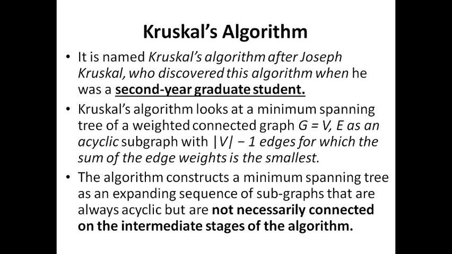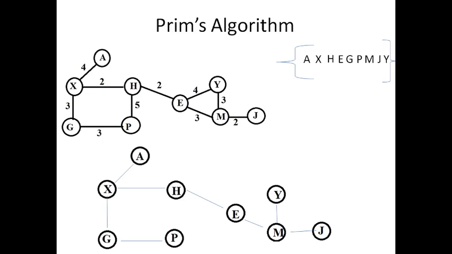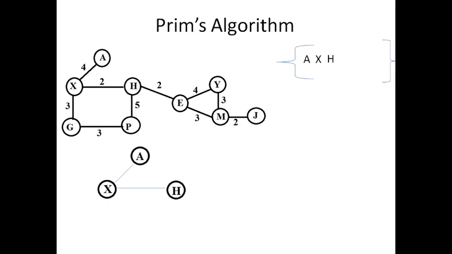In this case, the difference between Kruskal's and Prim's is just in the last line. In Kruskal's algorithm, the tree is not necessarily connected at intermediate stages of the algorithm. In Prim's algorithm, you can recall that you have to construct the minimum spanning tree such that it is always interconnected.